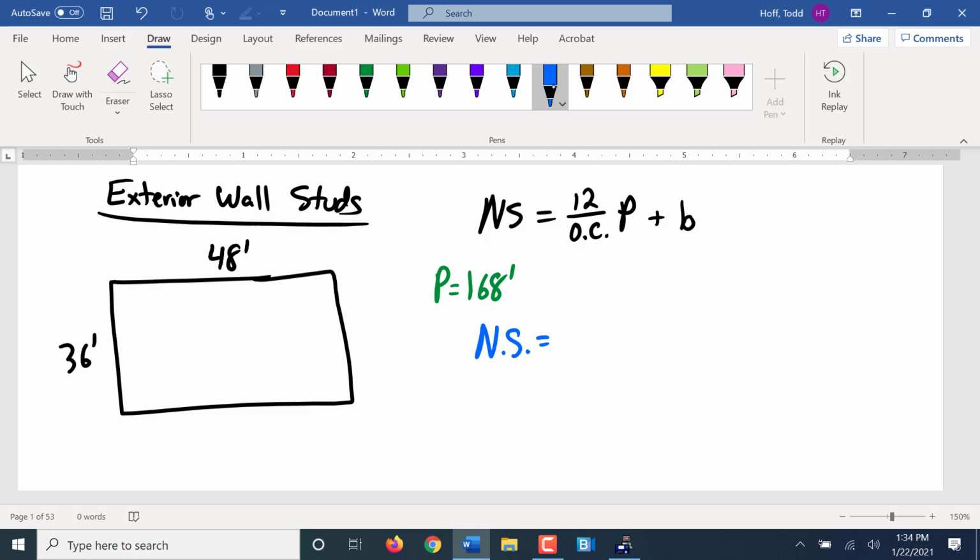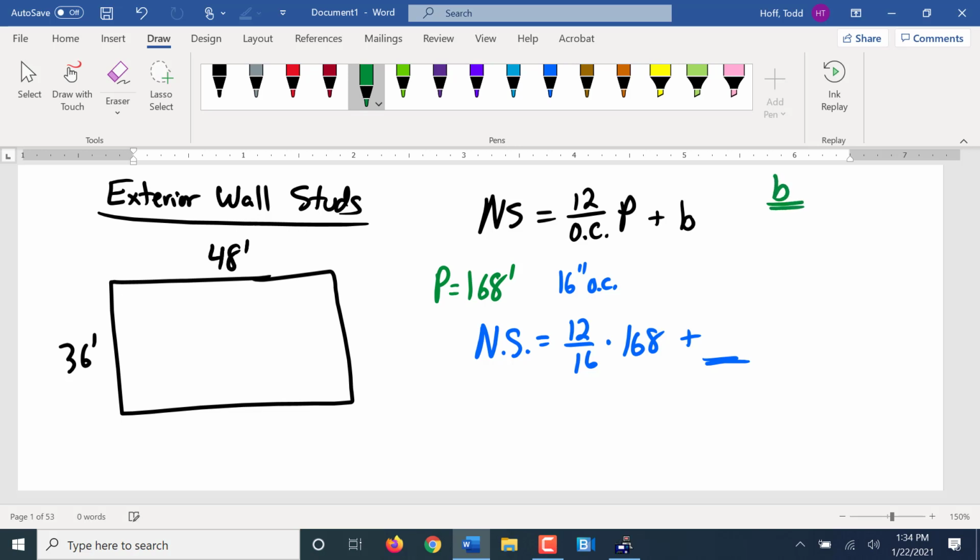if they are spaced 16 inches on center, which is typical for exterior walls, the number of studs will be 12 over 16 times 168, plus we've got to figure out what B is.